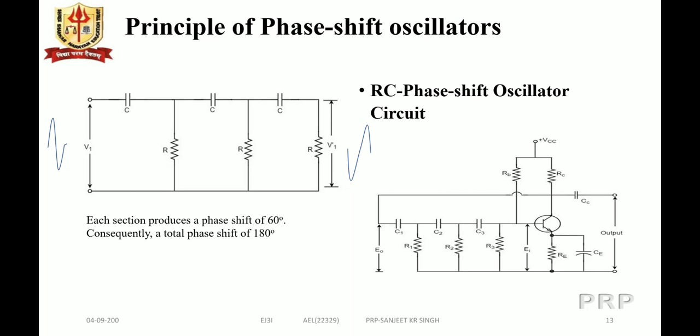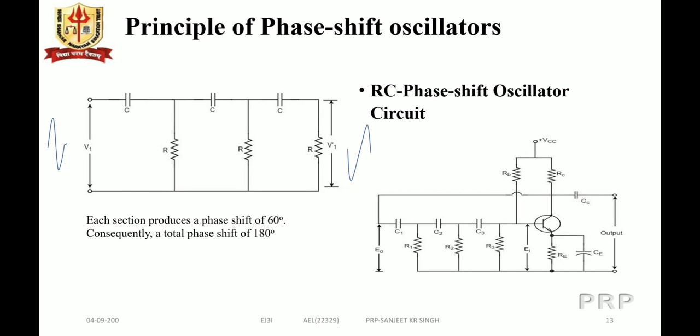In the feedback path, the output of the amplifier is taken from the collector with the help of the coupling capacitor CC, and a part of this output is fed back to the base of the transistor through C1, R1, C2, R2, C3, R3. So these three stages of RC network form the feedback circuit or phase shifting circuit.